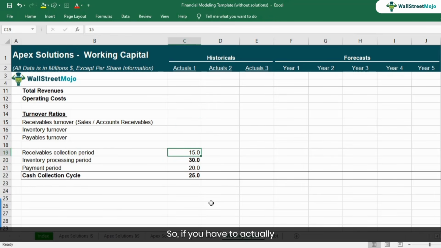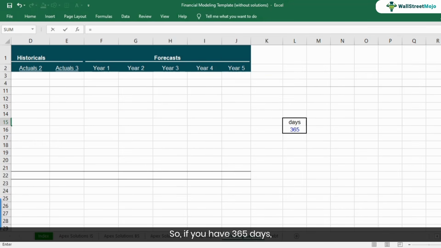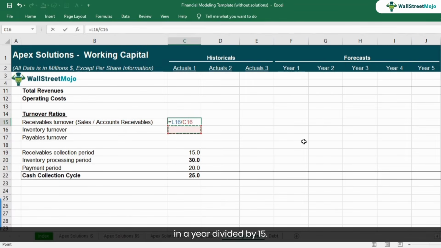So if you have to calculate receivables turnover, what will that be? That will be nothing but your 365 days in a year divided by 15, so that's the number of times you're converting receivables into cash. That's fair enough, right?